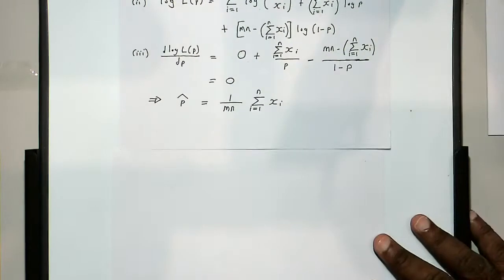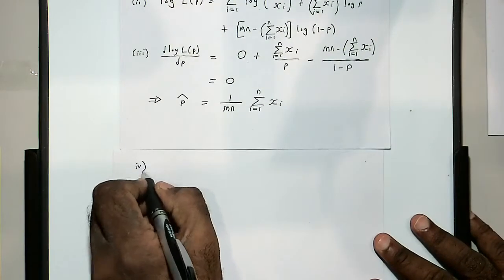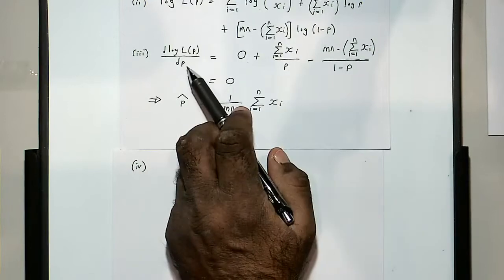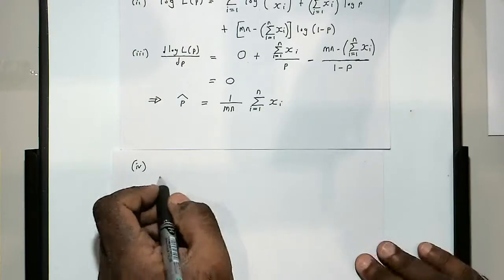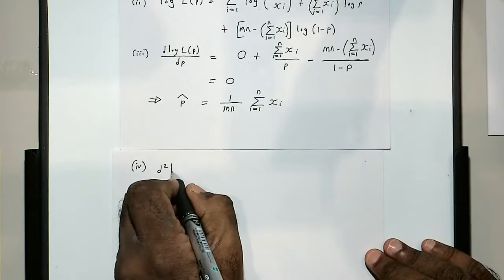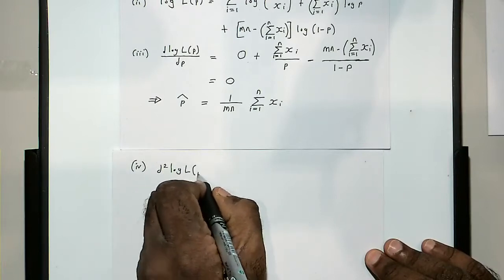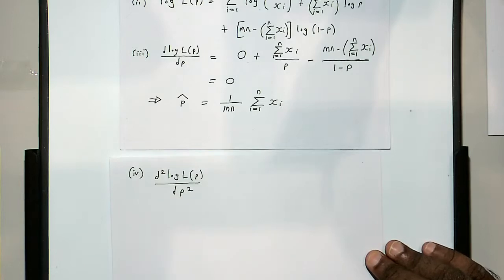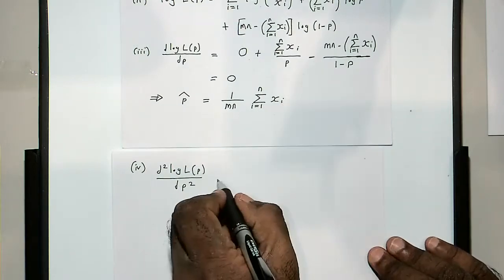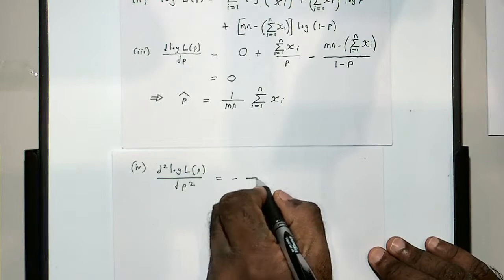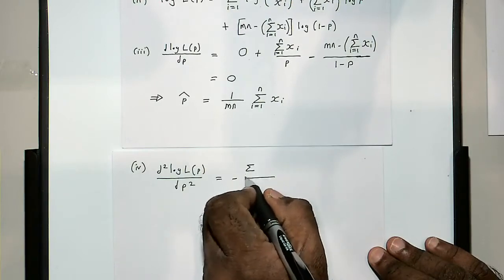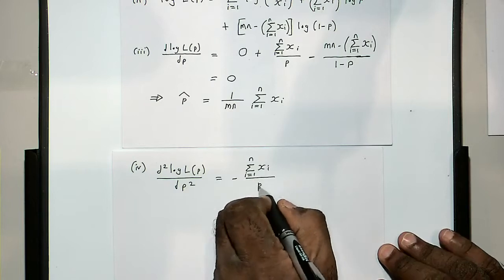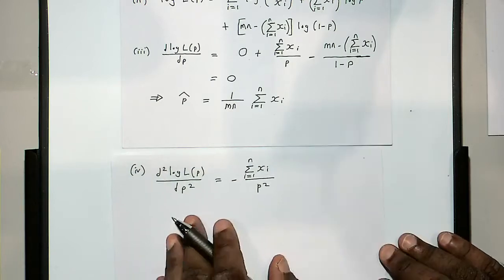Now step number 4 is to take the second order derivative. So you should take the derivative of that, which is going to be minus, and the derivative of this is going to be minus.